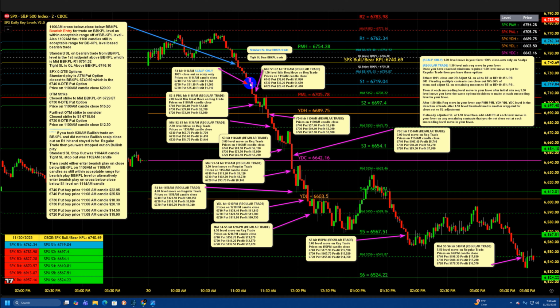So if you actually got out on the touch of the level as opposed to the candle close, which we're basing these on, then you would have gotten a better price than this, because there was more profit as it went down further. And as you can see here, it backed off and closed slightly above that level. So all of these prices are based on candle closes.